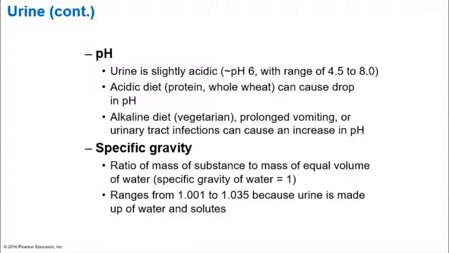Being a vegetarian leads to a more alkaline diet, which makes for a more alkaline urine. So even just by looking at your urine, I could kind of infer your diet. There's lots of things we could look at. Don't worry about specific gravity, which helps infer your renal system's health.